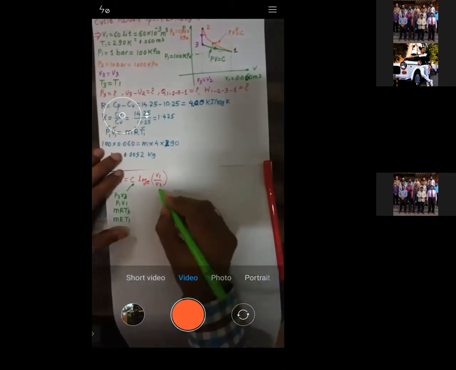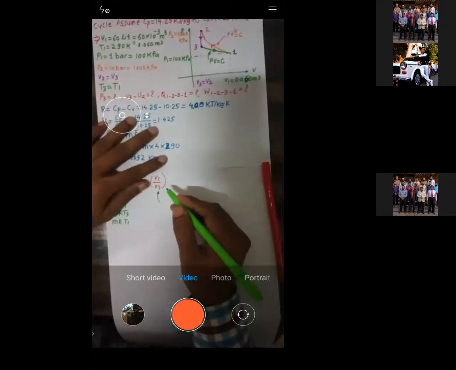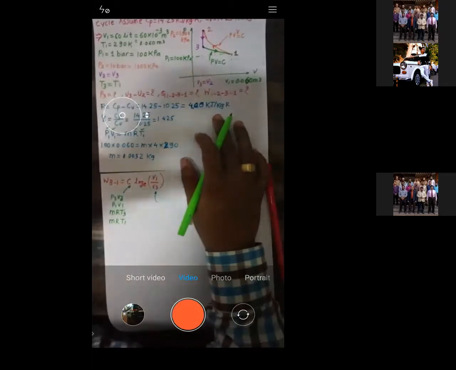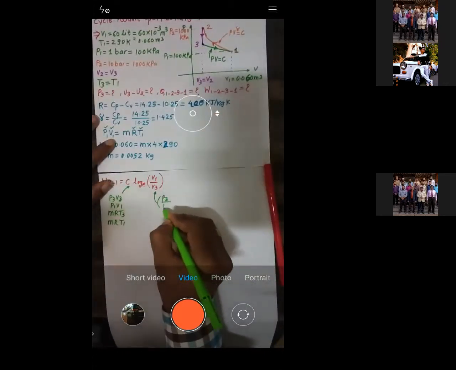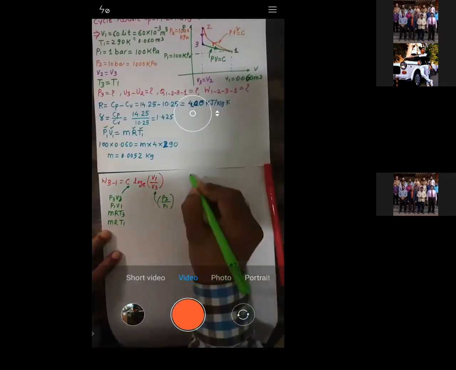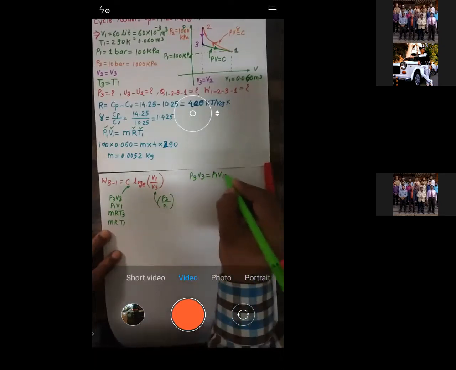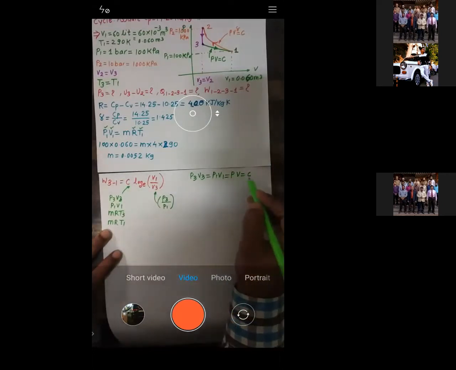Now see, instead of V1 by V3, we can put P3 by P1. Try to understand, I'm giving you many formulas. Why have I done it? Because P3 V3 is equal to P1 V1, as the process is PV equals C, the product of pressure and volume is constant.